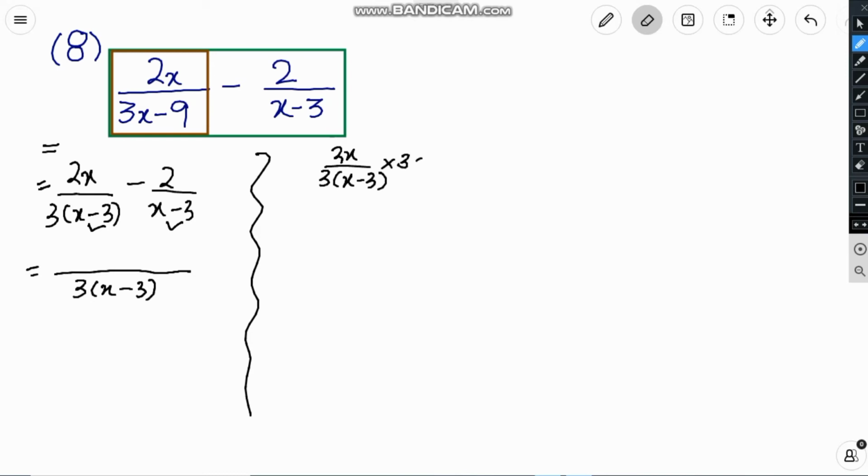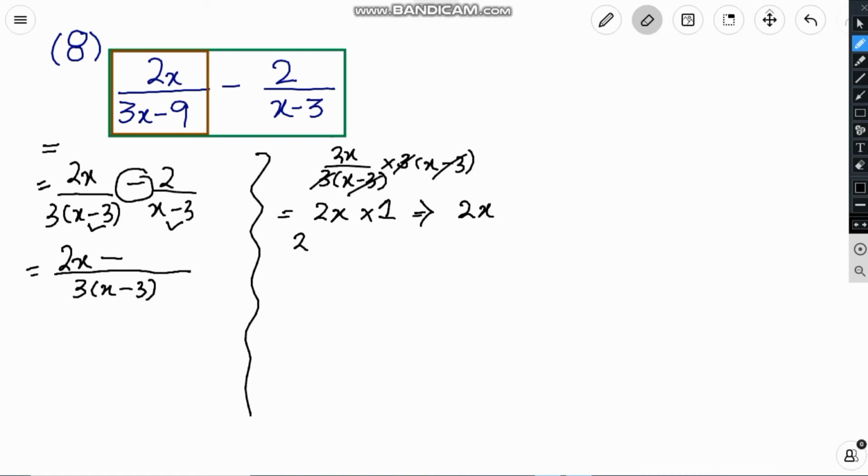Multiply it with 3 into x minus 3. You can cancel 3 and x minus 3. What remains here is 2x multiplied by 1. So this time you get 2x. Just write 2x here. The sign next to the first fraction is minus, so just place minus here.